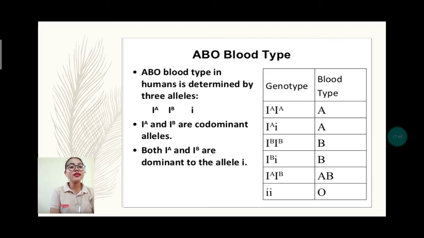Okay, take a look at the table presented. If you observe, it has genotype and it has blood type.